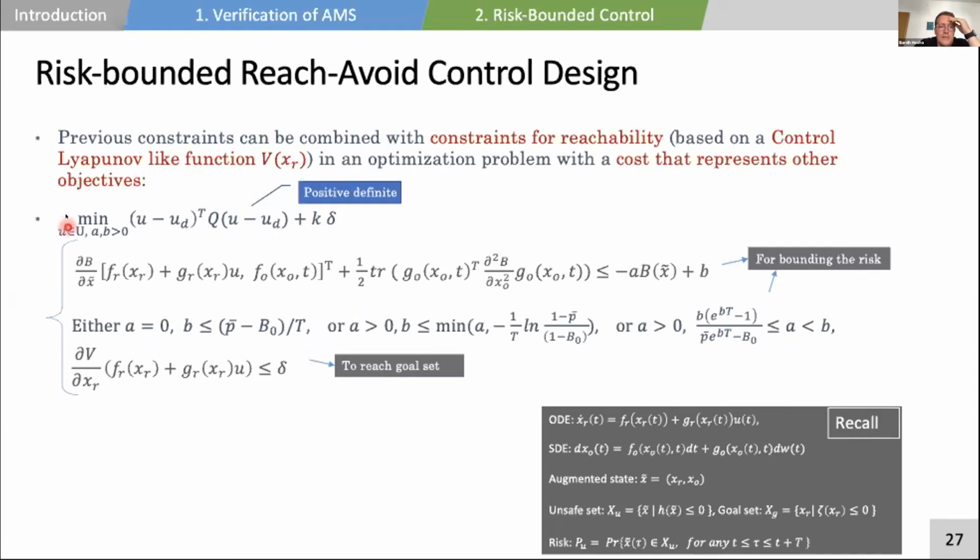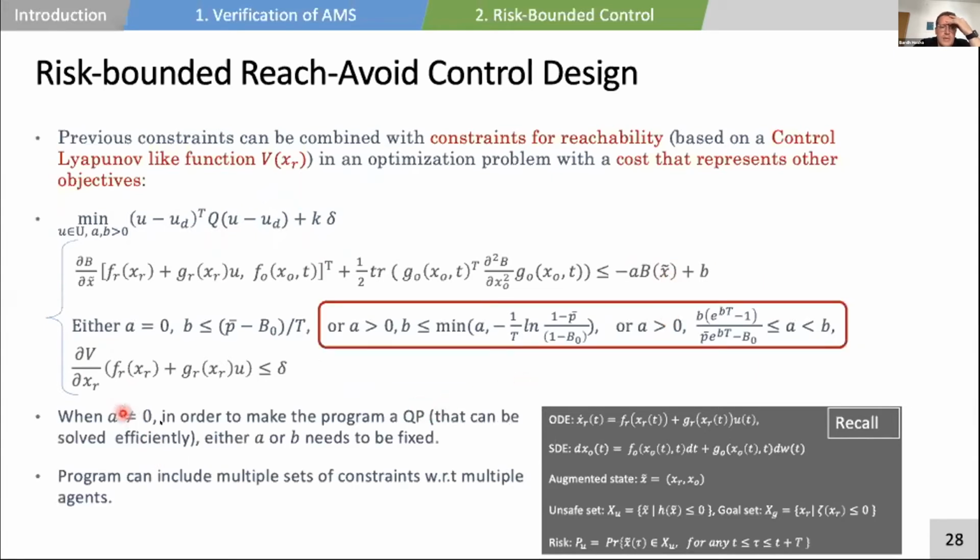So we return the minimum control input that has two terms. You have a positive definite Q here, plus K delta, which is this Lyapunov term, the Lyapunov conditions that push the robot to the goal set. And you have these two constraints for bounding the risk.